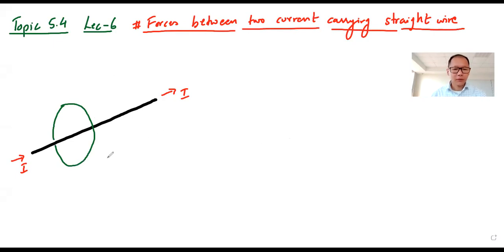We can use the screw rule. It tells us that if your thumb is pointing in the direction of the current, the direction of the curl of your fingers gives you the direction of the field. In this case, the circular field has a clockwise direction. So the magnetic field of this straight wire is clockwise.